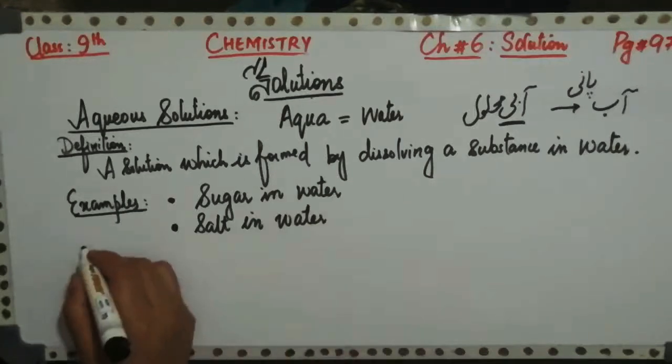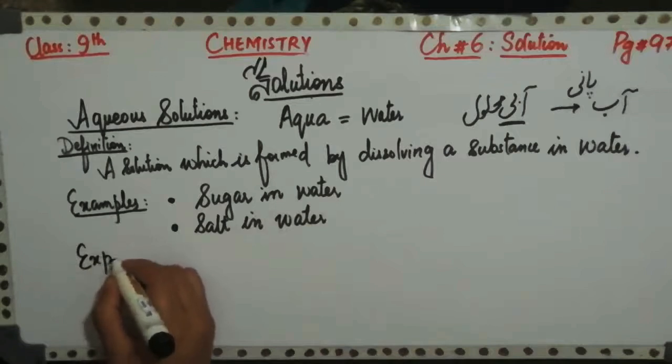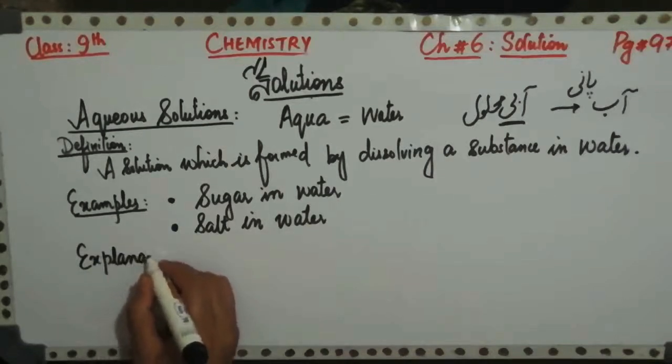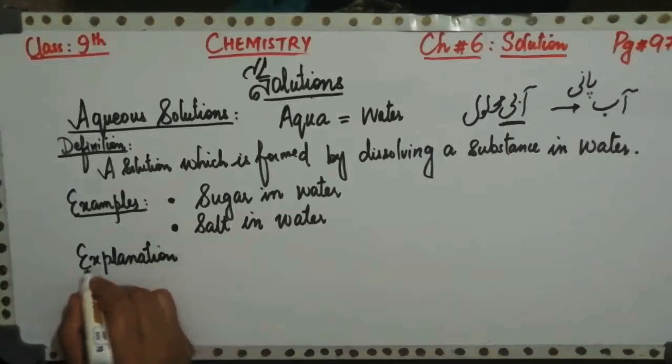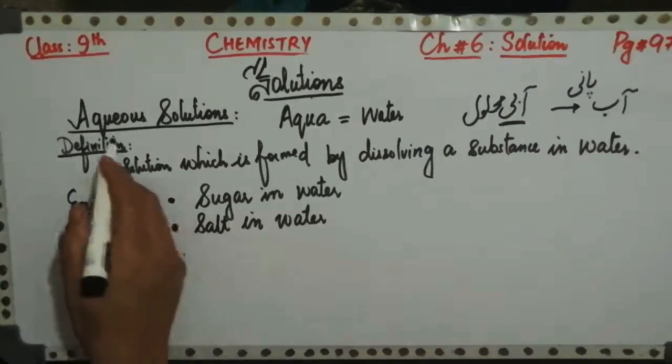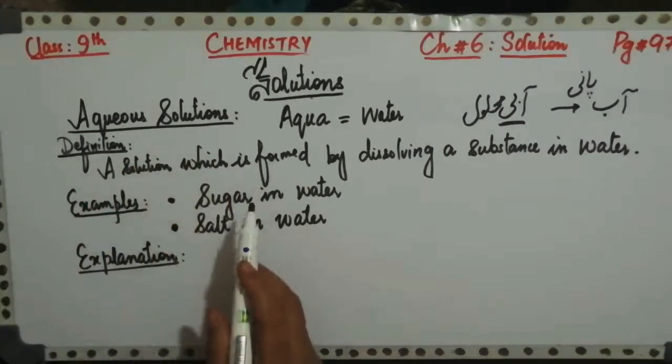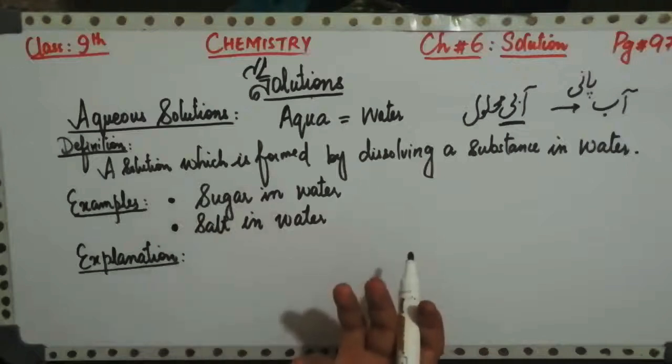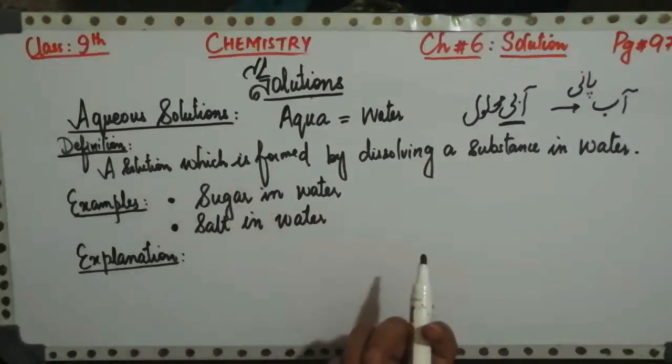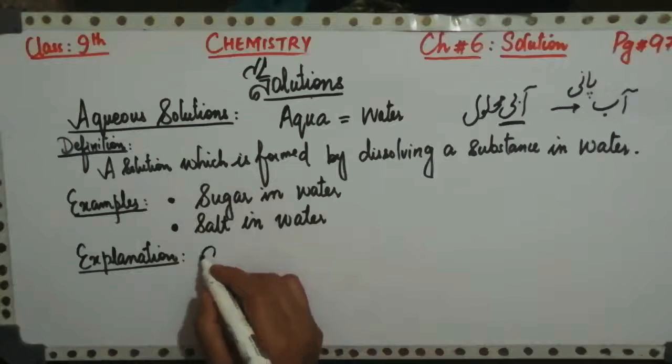Now in this case, the most important thing which you have to note down related to the explanation is that in every aqueous solution, the thing which is present in the huge quantity or greater amount is always a solvent.